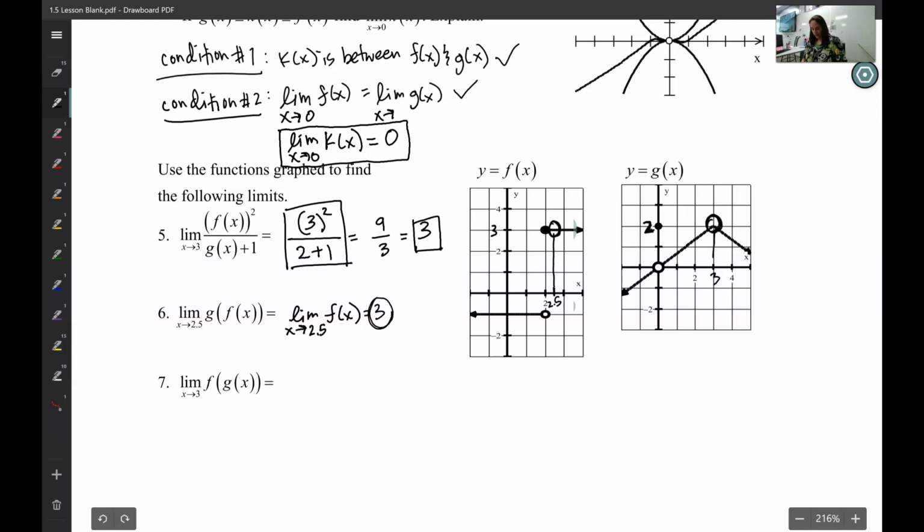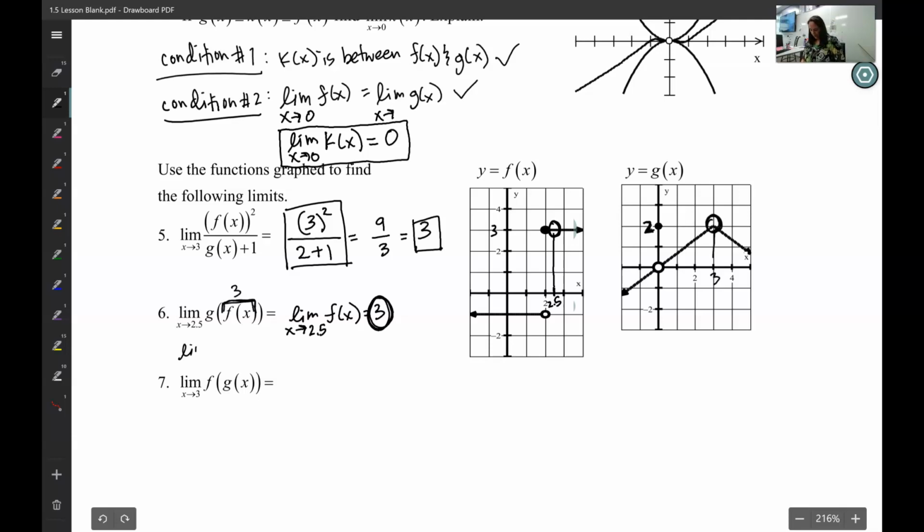Now this is going to become my new x value for g of x. Essentially, let me reword that. I know that the limit of f of x right there is 3.